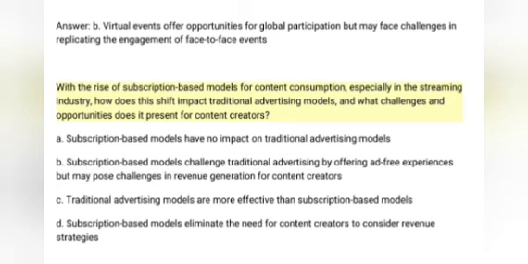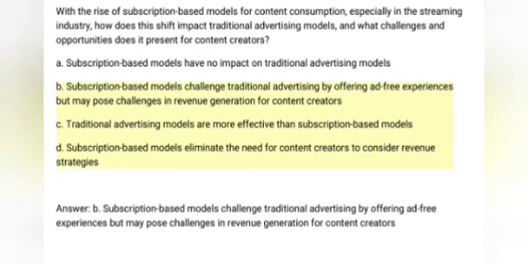With the rise of subscription-based models for content consumption, especially in the streaming industry, how does this shift impact traditional advertising models, and what challenges and opportunities does it present for content creators? A. Subscription-based models have no impact on traditional advertising models. B. Subscription-based models challenge traditional advertising by offering ad-free experiences but may pose challenges in revenue generation for content creators.